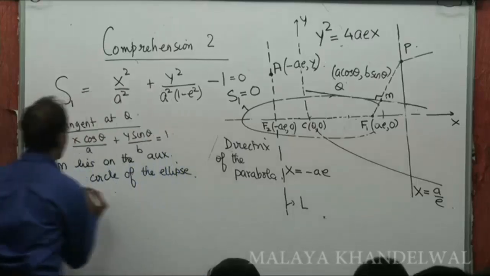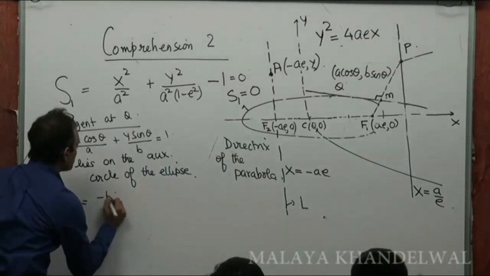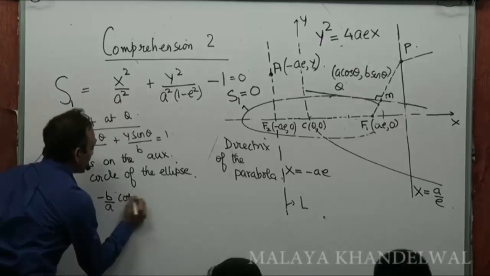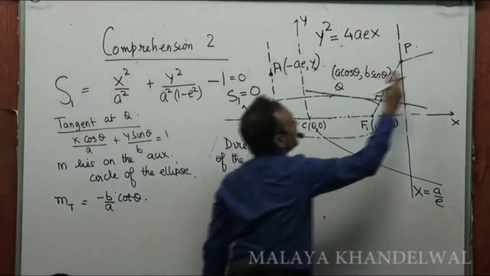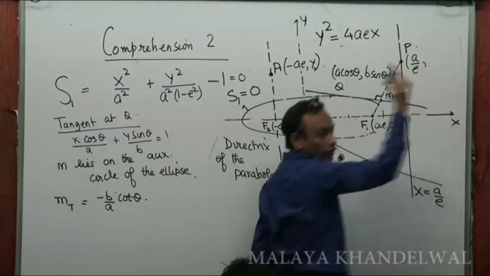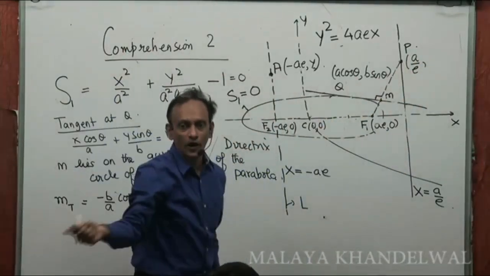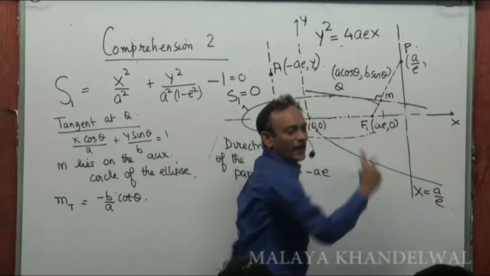What is the slope of the tangent? The slope of the tangent, as you know, is minus b by a cot theta. Now P has x coordinate a by e. It is also a point on the parabola, if you recall. The parabola passes through this point, right? So if you plug in x equal to a by e, y becomes 2a in the first quadrant.